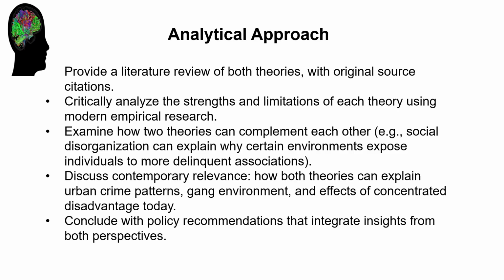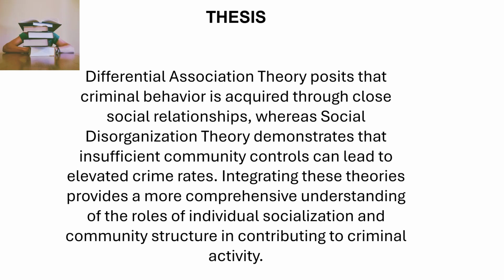For example, social disorganization explains why certain environments expose individuals to more delinquent associations. And I would discuss contemporary relevance, how both theories can explain urban crime patterns, gang environments, and effects of concentrated disadvantage today. And I would conclude with policy recommendations that integrate insight from both perspectives.